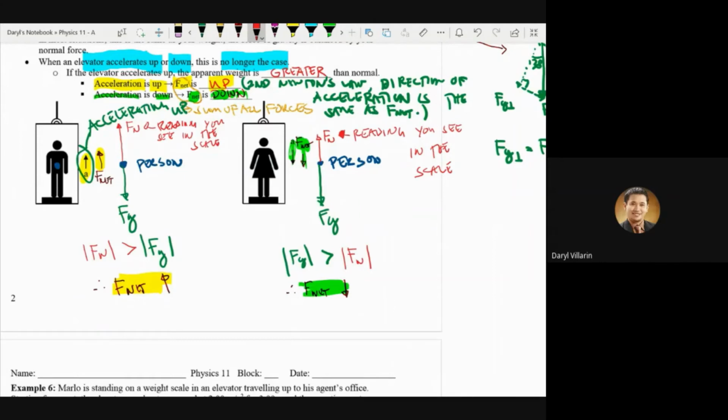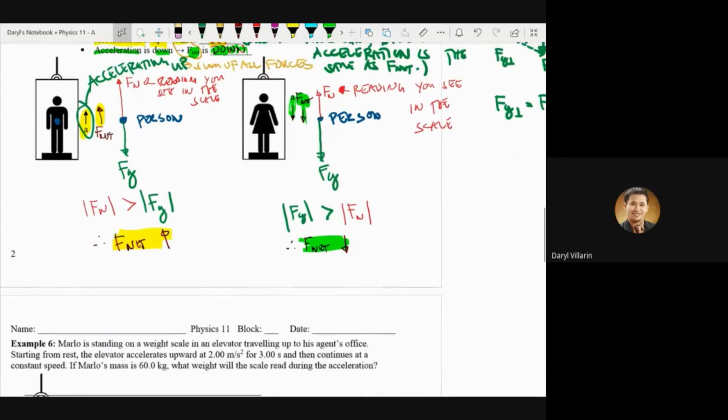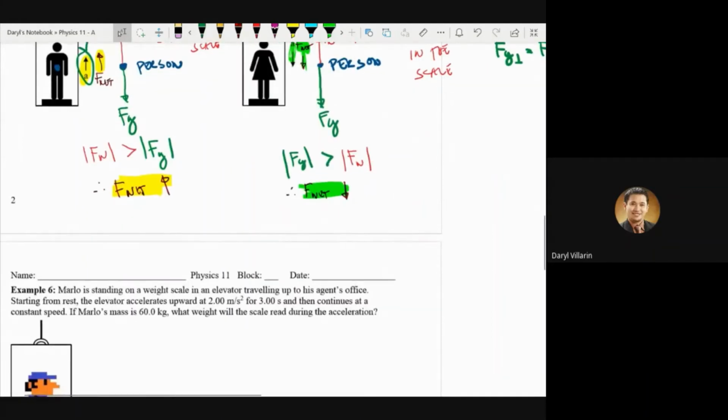So any questions or clarification in this case? So again, let me take note here that the scale reading and Fg are equal. In this case, the magnitude of your normal force Fn is equivalent to your Fg.